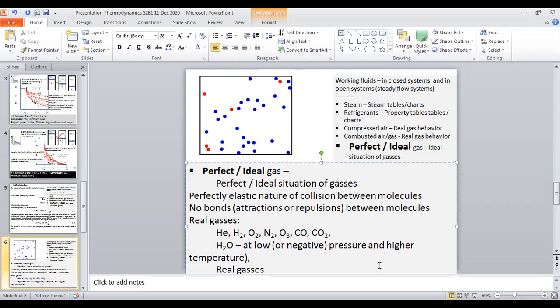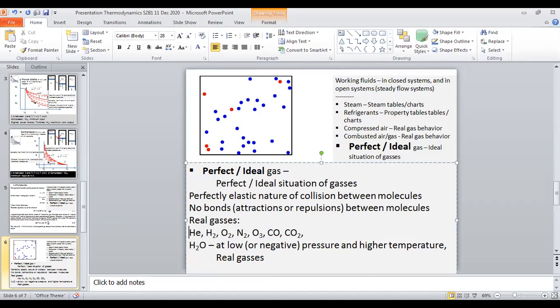And high temperature. Even these gases, at high temperature, are like gases.